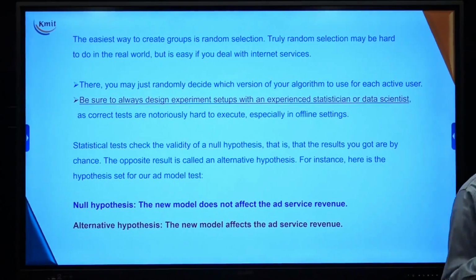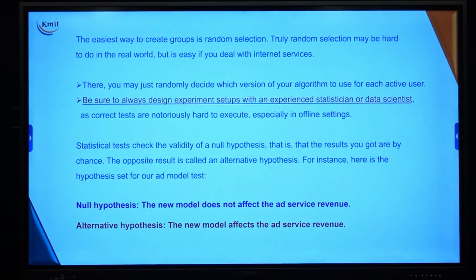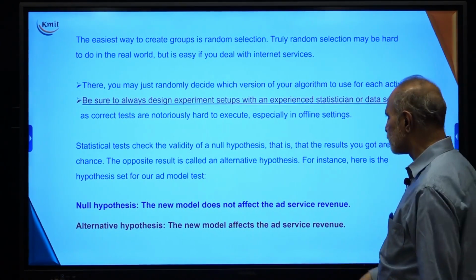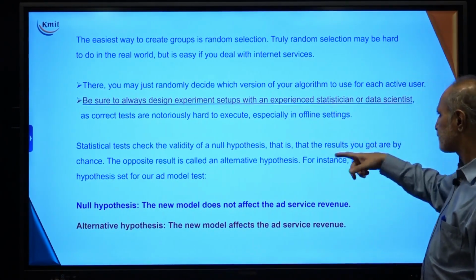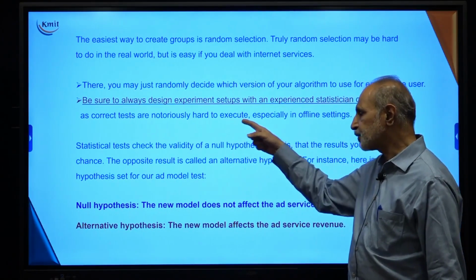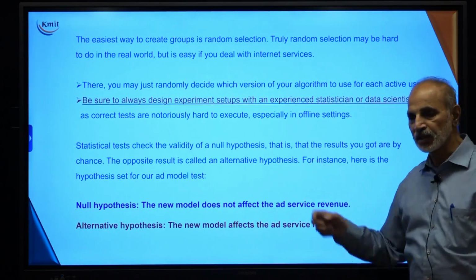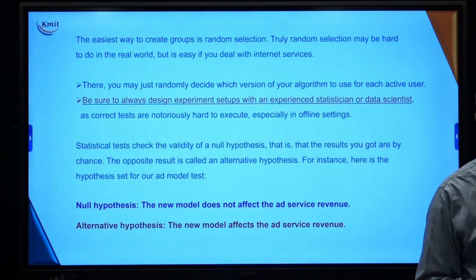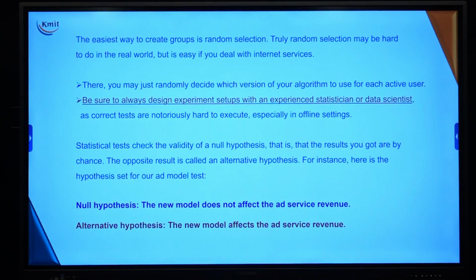In the next lecture, I am going to talk about who a data scientist is, but right now, a data scientist is a person who has domain knowledge and a good knowledge of statistical methods and so on. So, take help from an experienced statistician or a data scientist, as correct tests are notoriously hard to execute, especially in offline testing. This is the hallmark of our testing.